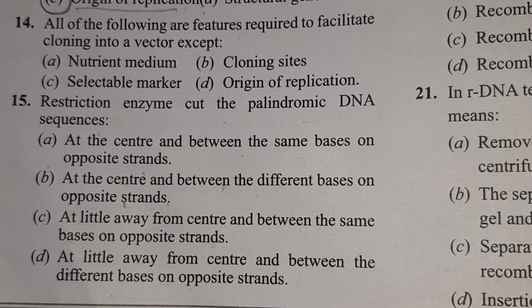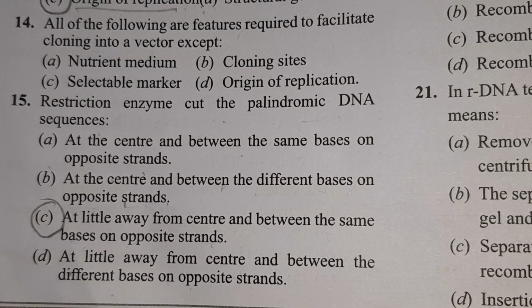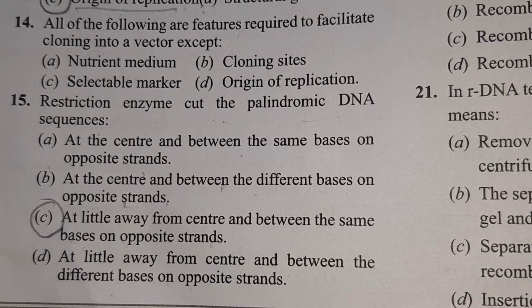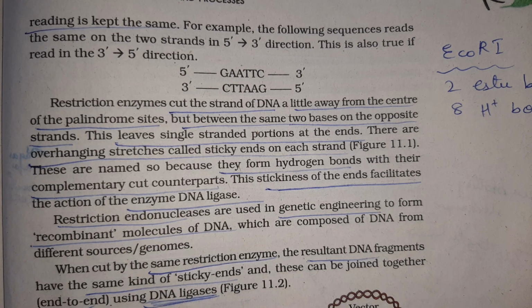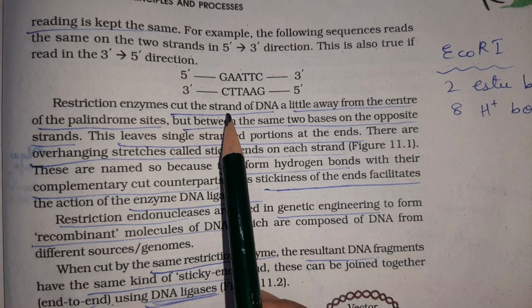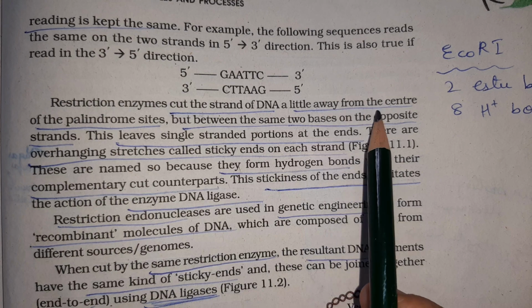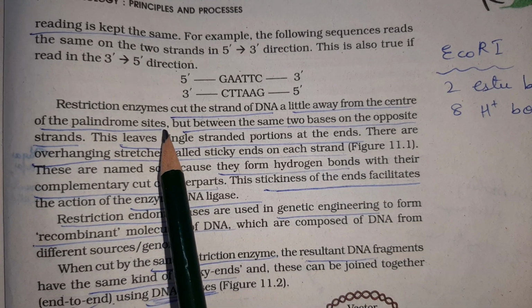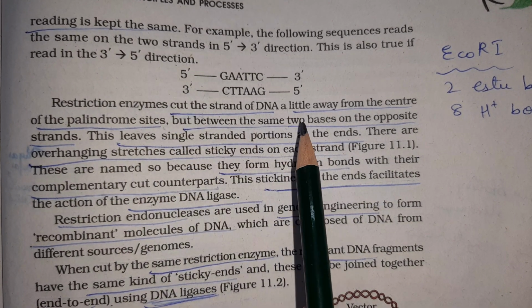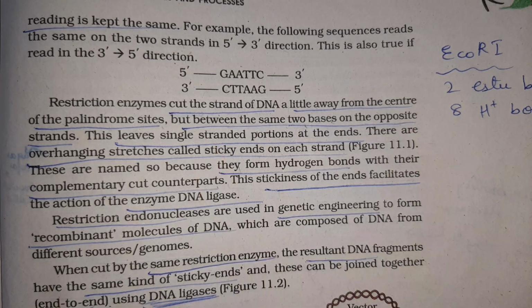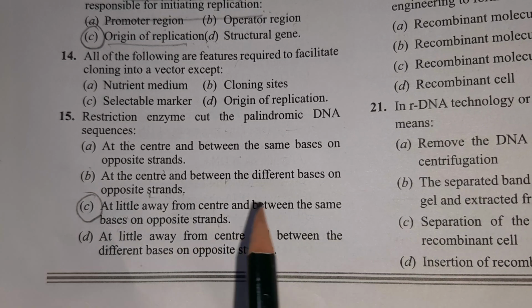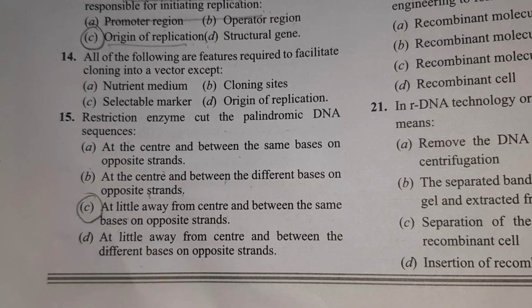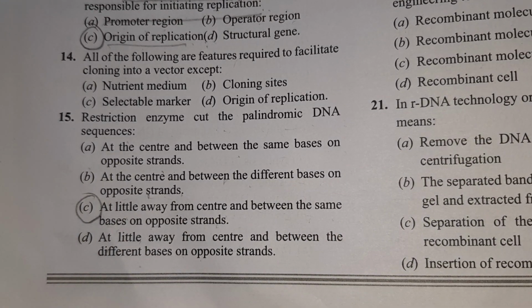The answer for this is C. You can see on page number 197 the exact line is present: restriction enzymes cut the strand of DNA a little away from the center of the palindromic sites but between the same two bases on the opposite strands. So the answer is C.